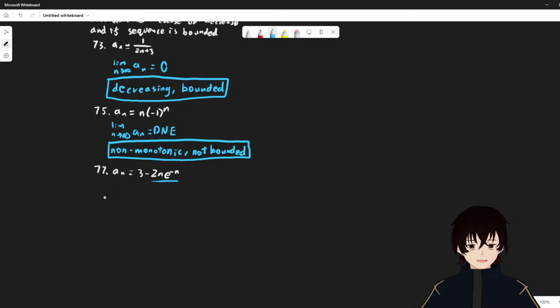We need to find the derivative of this. d/dn of n times e to the power of negative n is equal to n times negative e to the power of negative n, minus, no, plus e to the power of negative n.